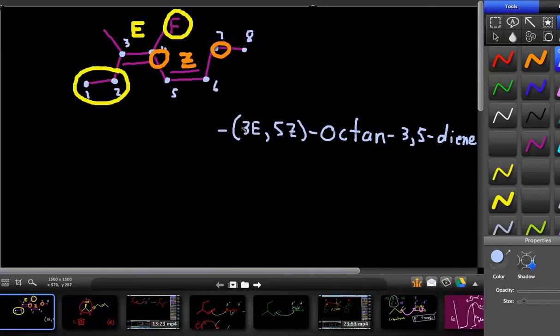And then, of course, the fluoro is going to come first because F occurs in the alphabet before M in methyl. So we'll go 4-fluoro, 3-methyl, 3E, 5Z, octan-3,5-diene.